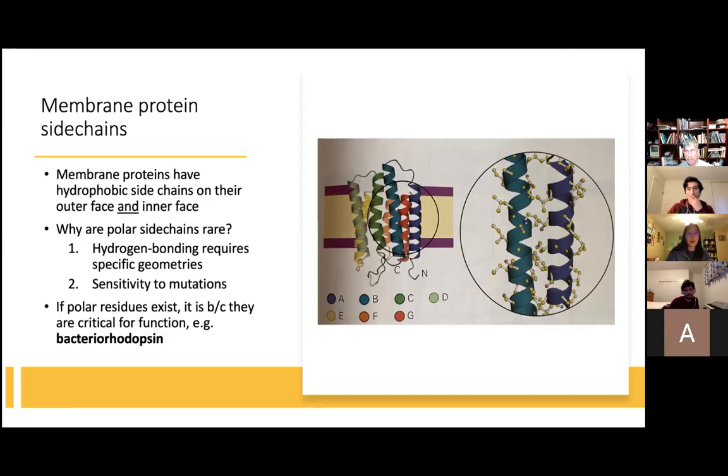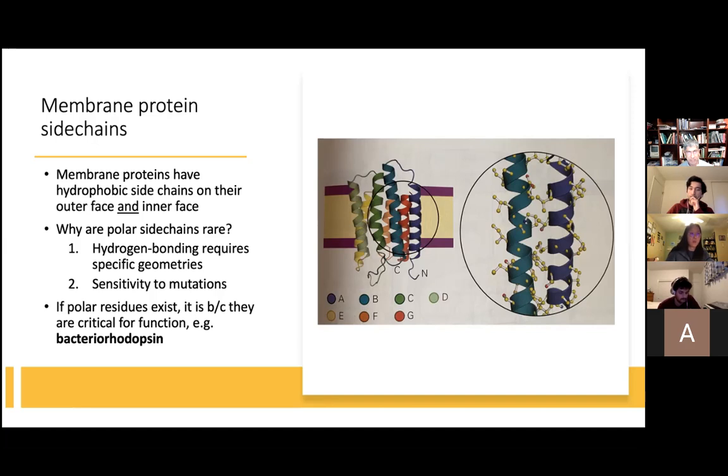By outer face, I mean the side of the membrane protein that interacts with the membrane, like the membrane interface, and by inner face, I mean the core of the membrane protein. You might be thinking, well, it seems more intuitive for membrane proteins to have hydrophilic, i.e. hydrogen bonding interactions in their core and hydrophobic interactions on their outer surface.